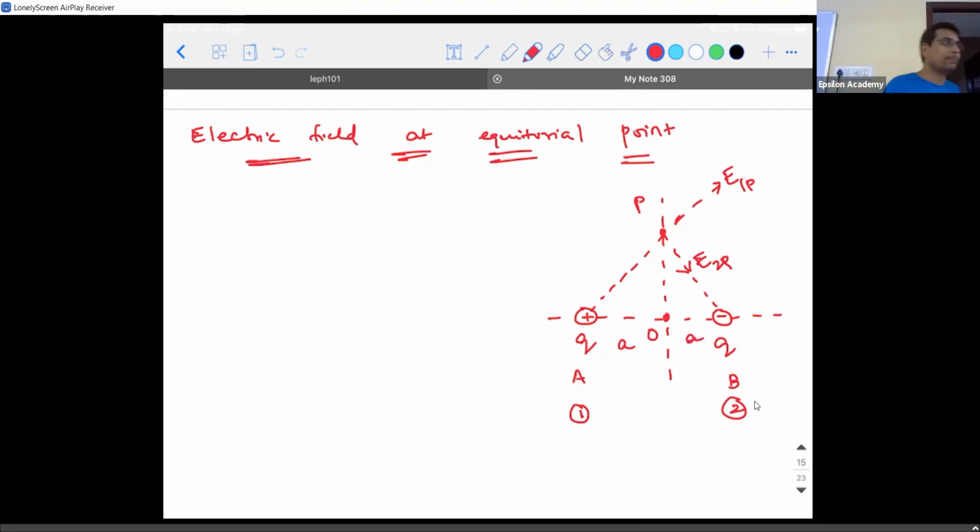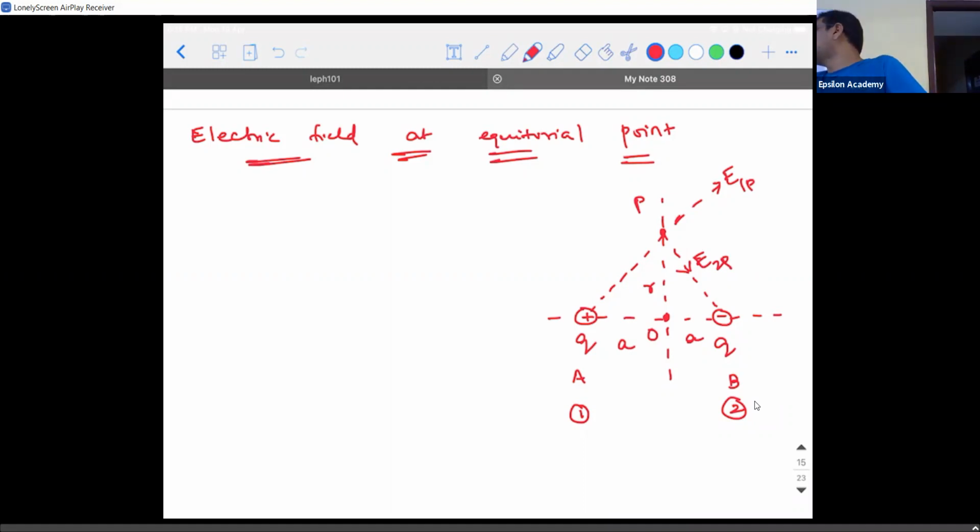Logically, right? Why? Because the distance between the 2 points of the dipole is considered as 2a. So you break it into two equal parts, it will be a and a. I hope it makes sense, guys. So from O to P, the distance is r. Right? So what is AP?